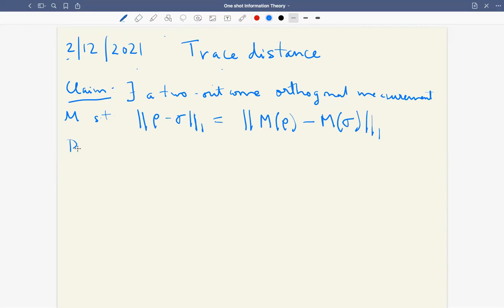So here was the truth. Okay, so when I said two outcome orthogonal measurement, as you'll see, there are two classical outcomes. For example, M of rho will be a probability vector with just two coordinates.